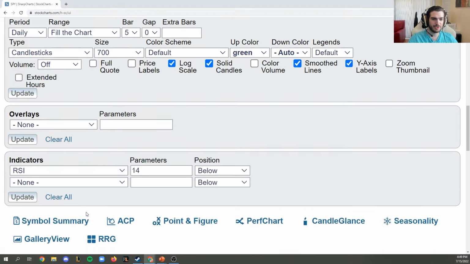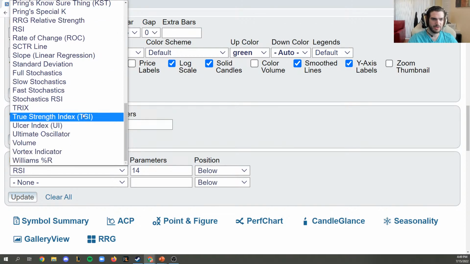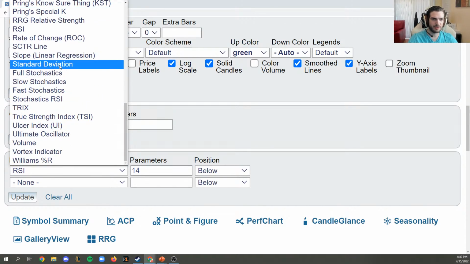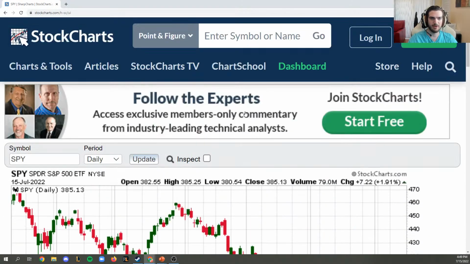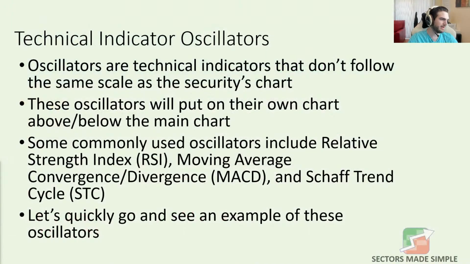The last one that I want to show is going to be Schaff Trend Cycle, which we don't have on stock charts. For that, we need to head over to TradingView. So let me get TradingView booted up, and I will throw the Schaff Trend Cycle on for us. Come on, where is it?